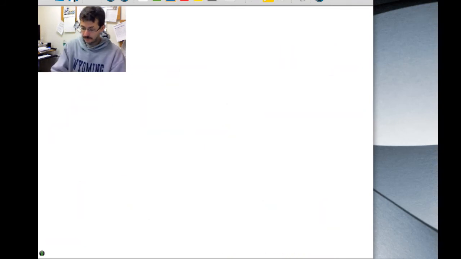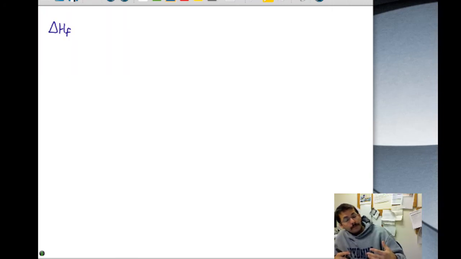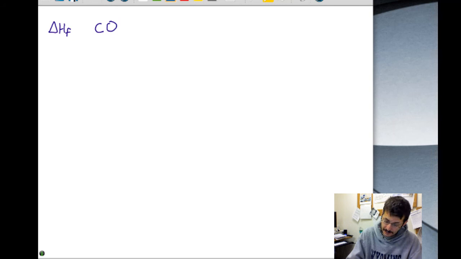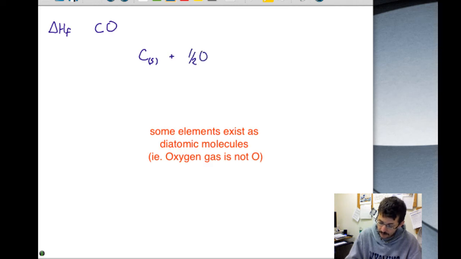So what is the formation reaction? The formation reaction is the reaction of a compound's constituent elements to create 1 mole of that compound. So, for instance, the delta H of formation of carbon monoxide would represent carbon in its most stable state as a solid plus 1/2 O2 going to CO gas.